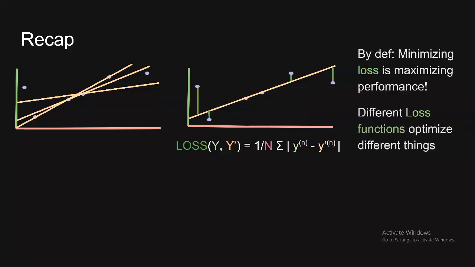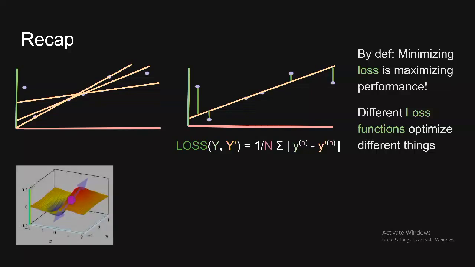And we know that different loss functions optimize different things. This will be more important in different homeworks. I know this is sort of supposed to be a recap for homework 1, but it'll be more important in other ones. And then we found out about this thing, the gradient of our loss function with respect to the parameters of our model being that line in this case.